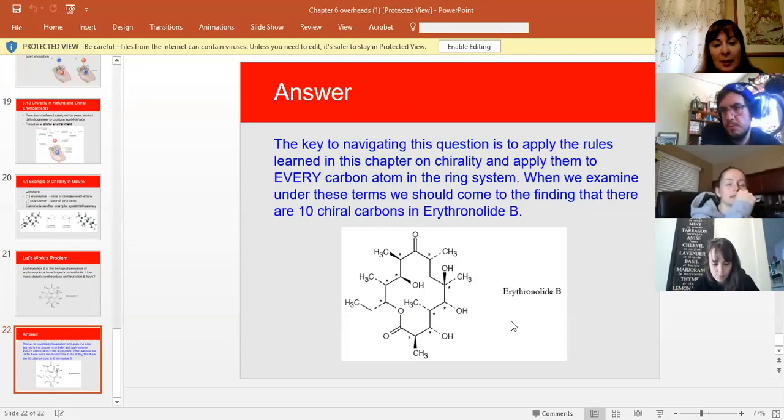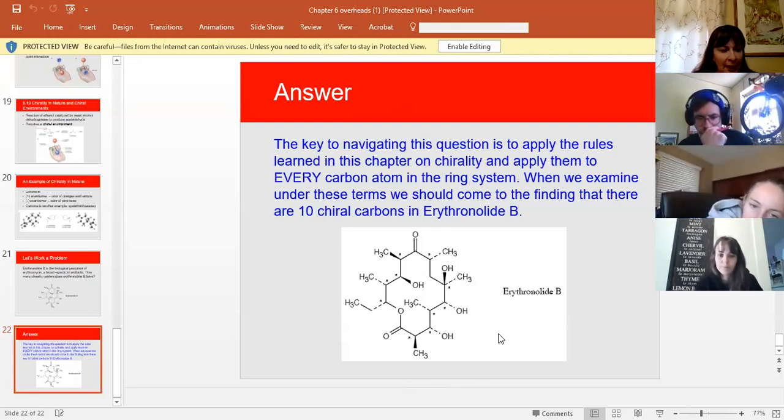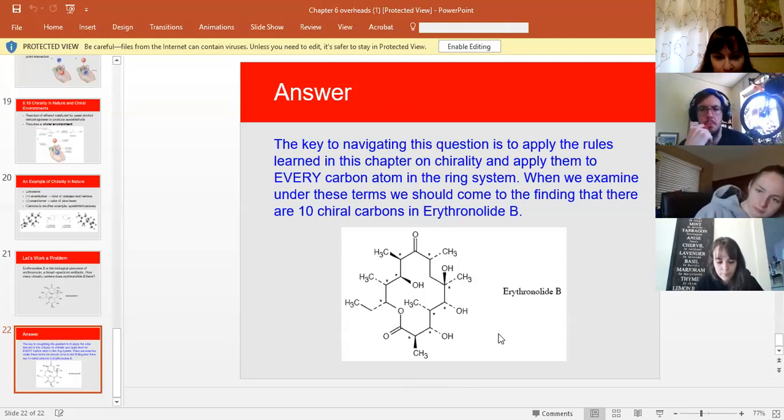Look at those carbons that have the little stars there. Does any of those surprise you? Does any of those look suspicious, like it might not be a chiral center? I have one that students always ask about, but I want to hear what you have to say. I question the carbon that's attached to the double bonded oxygen and the oxygen.